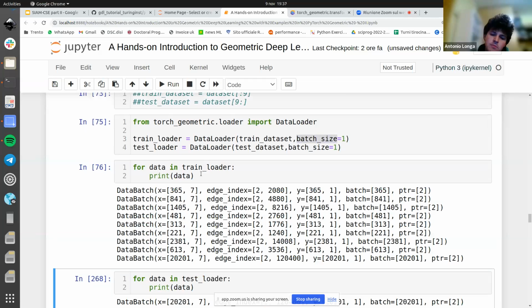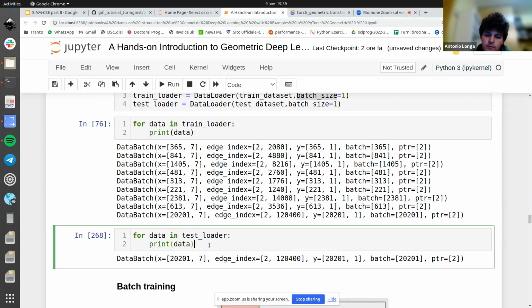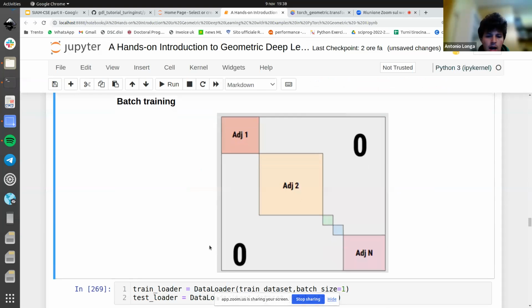But if we look at the batch, you can see that the dimension goes from the smallest graph, which is 221 nodes, up to 20,000 nodes. The first one was the train, and the second is the test. Again, we are going to use this batch for training.